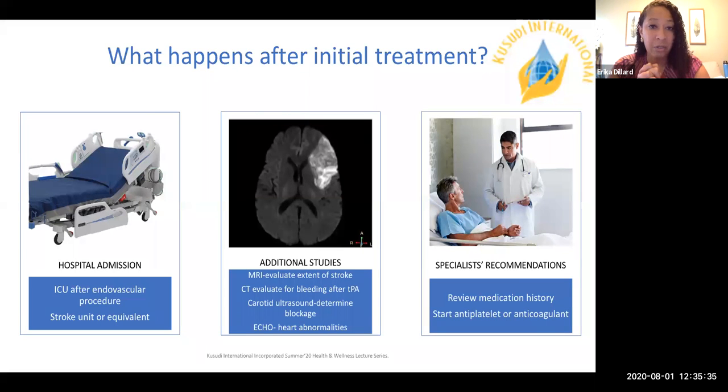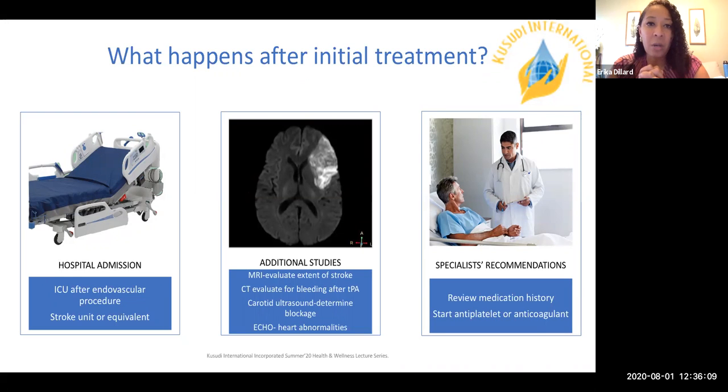More than likely, if you have surgical intervention, you'll be placed in an ICU for a couple of days, or sometimes you may be placed in a stroke unit with very trained nursing staff that are quite familiar with the treatments and care of stroke patients in particular. But you can pretty much assume that if you've had a stroke, you'll probably be in the hospital for at least 4 to 5 days, maybe less if you're doing great, but more than likely more than 5 days.